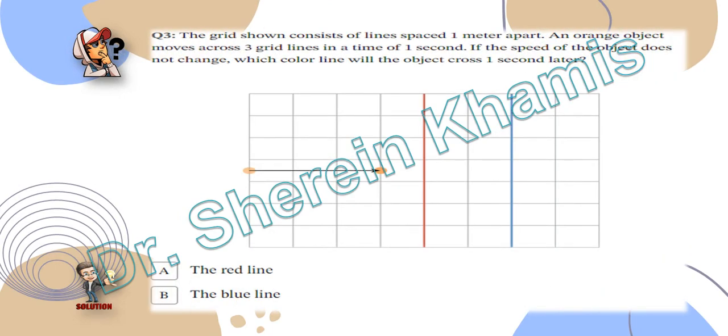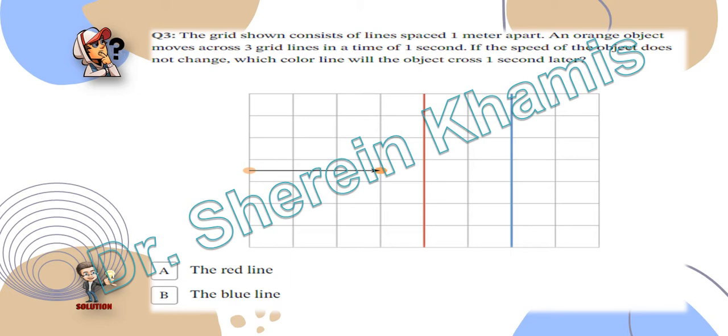Question number 3 says that the grid shown consists of lines spaced 1 meter apart. Okay, an orange object moves across 3 grid lines, each movement crossing 3 grid lines.